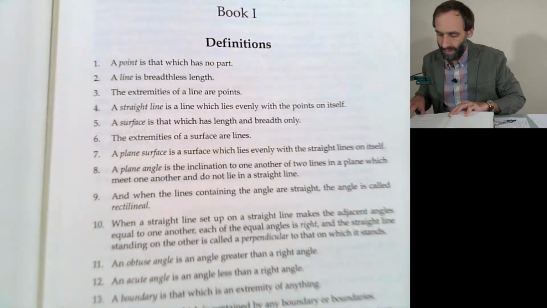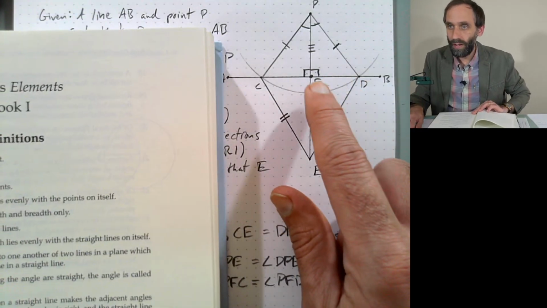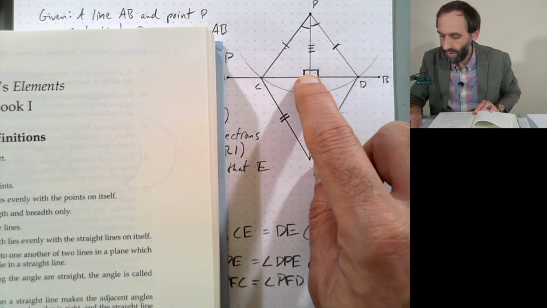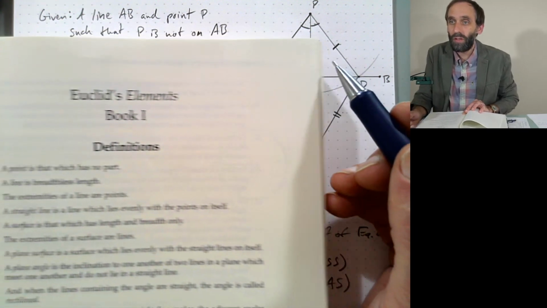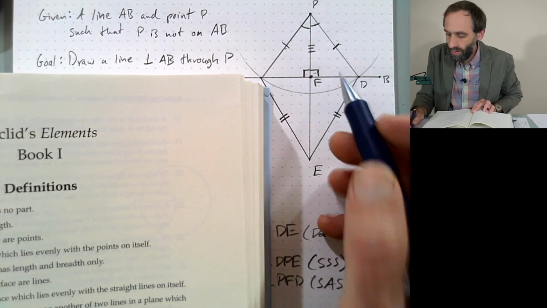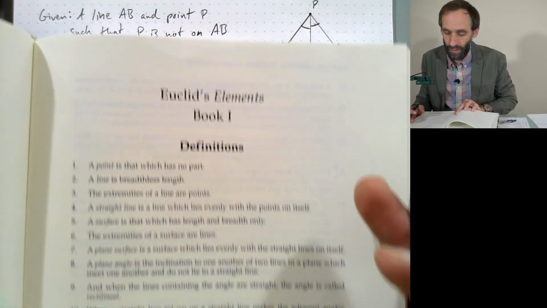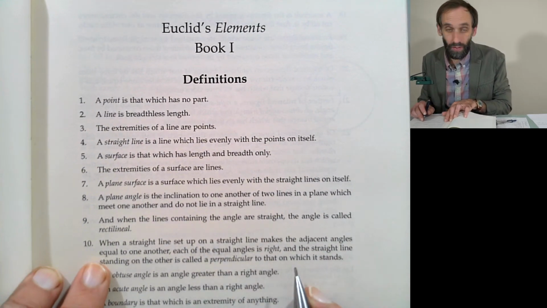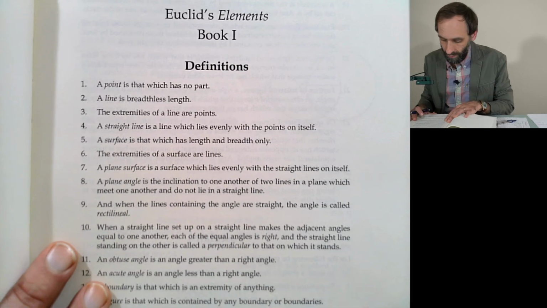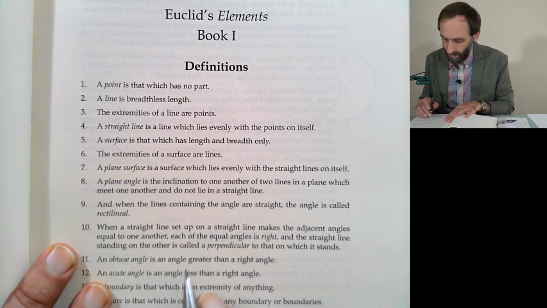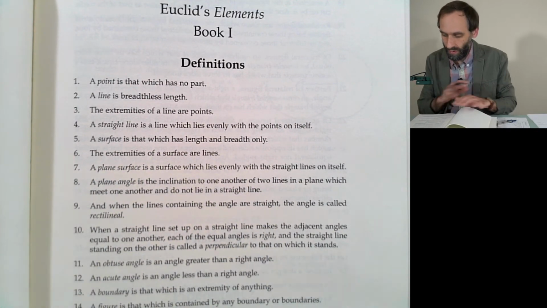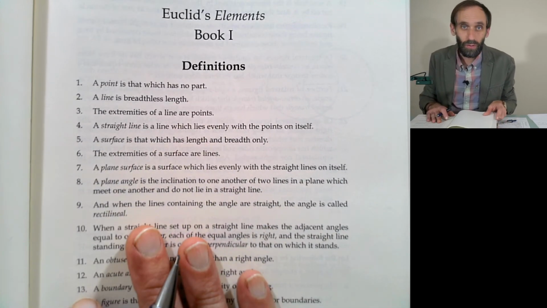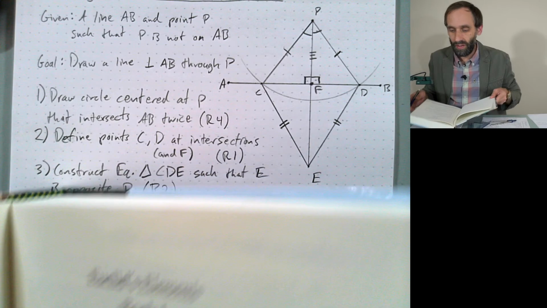What this is saying is that if you have two lines that intersect in a way that makes the adjacent angles equal to each other, then those two lines are perpendicular. That is the definition of perpendicular according to Euclid. Now it might feel like Euclid is sort of sneaking a brick into a definition here, but at this point we're going to say, you know what, Euclid said that as the definition, we'll go with it.